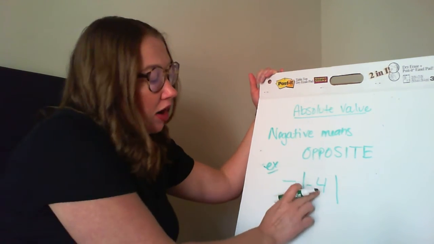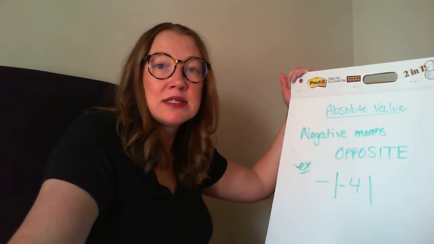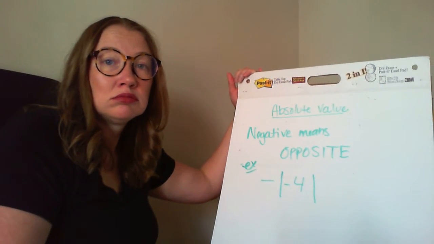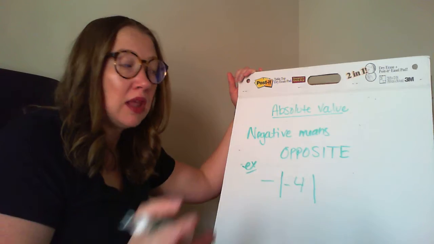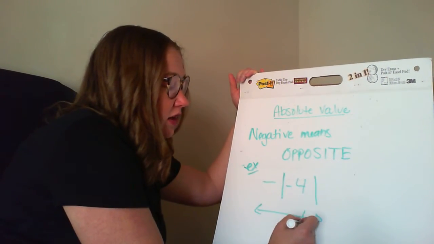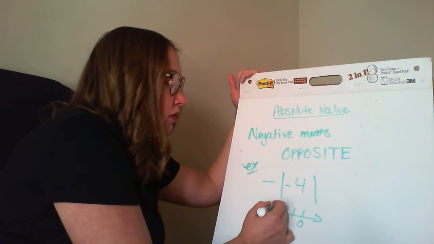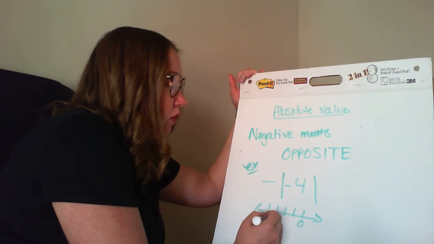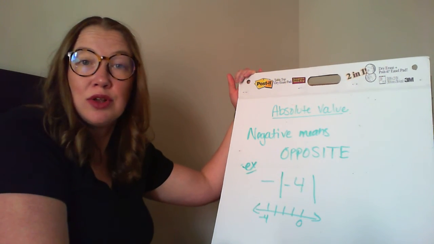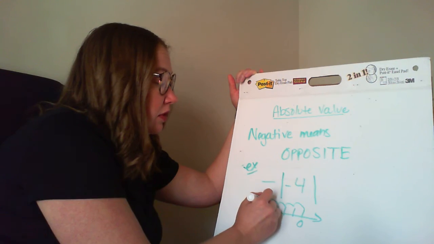Well, how many spaces back from 0 is -4? It is 4 spaces. If I were to draw it on a number line, if I started at 0, I would count back 1, 2, 3, 4 to get to the integer -4. So it is 4 spaces from 0.